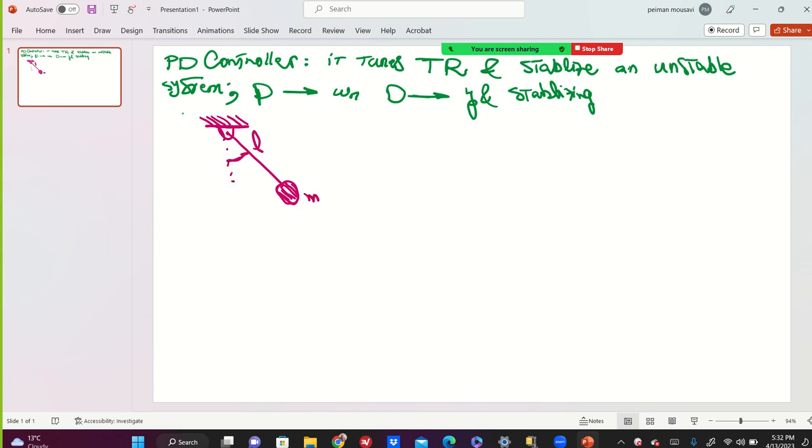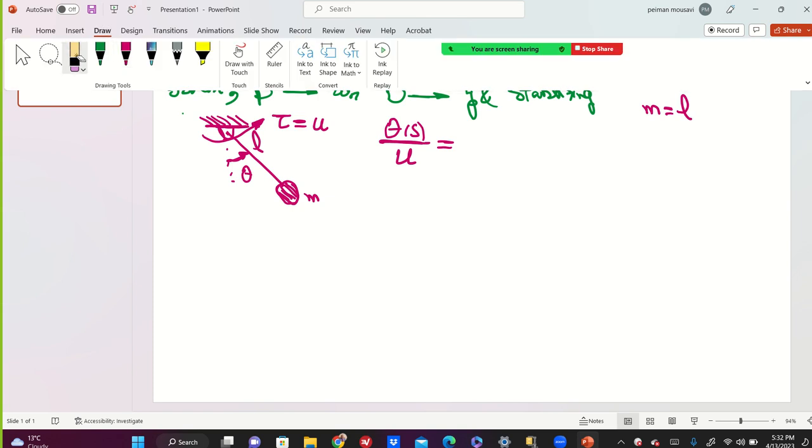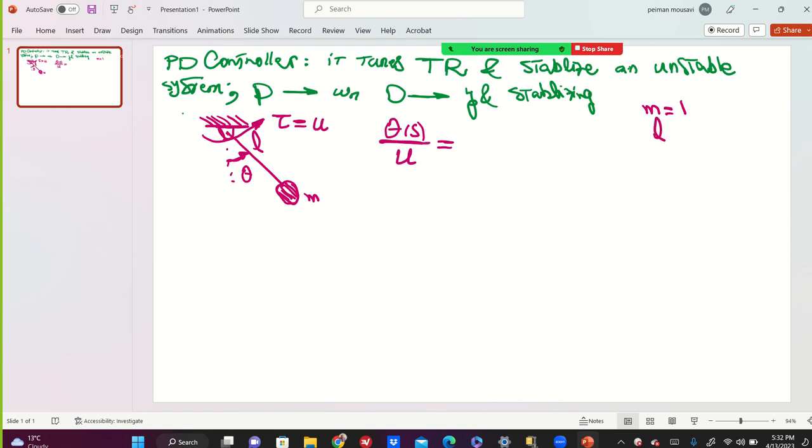And in the previous class, if you apply a control torque here, tau or U, from the first class, the open loop transfer function theta of S over U, by assuming that the mass of the particle is 1 kilogram and the length of the pendulum is 1 meter, is 1 over S square plus omega n square.